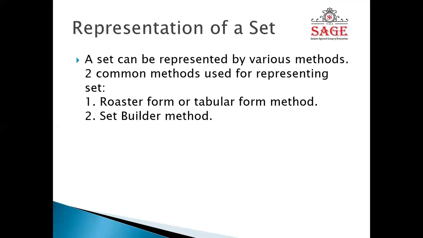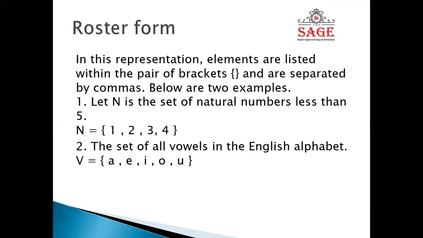How can we represent a set? A set can be represented by various methods. The two most common methods are, number one, roster form or tabular form, and second, set builder form. In roster form, elements are listed within a pair of brackets and separated by commas. For example, the set of natural numbers N = {1, 2, 3, 4, 5}.